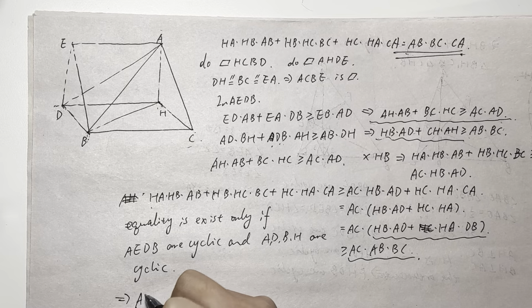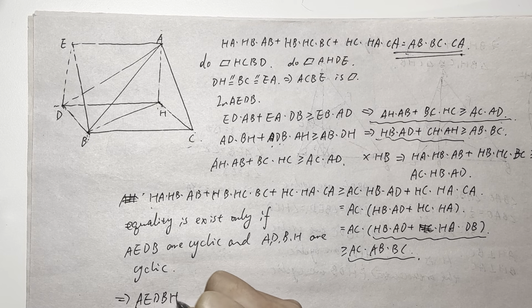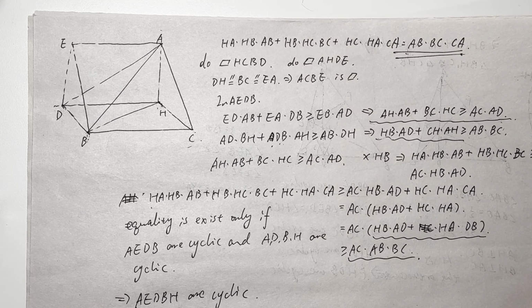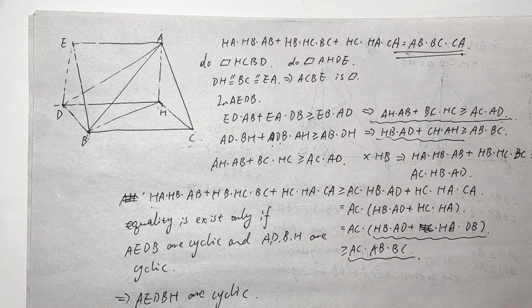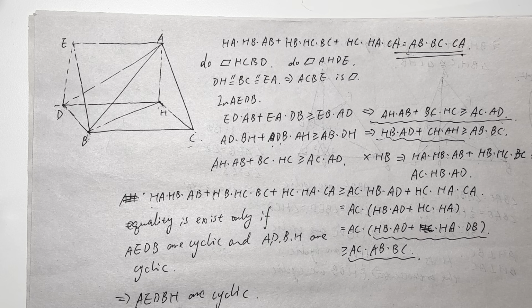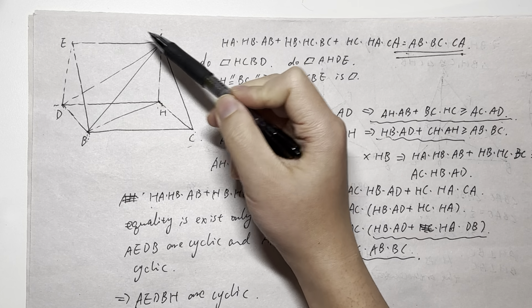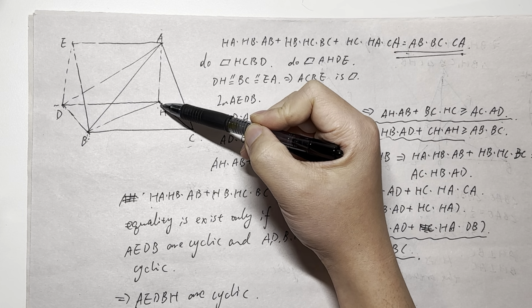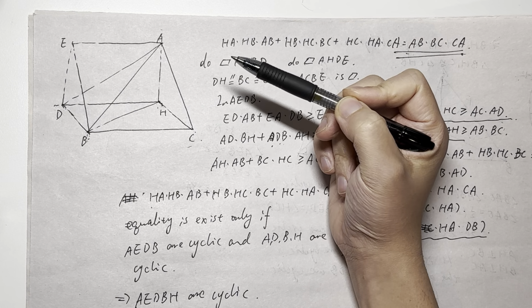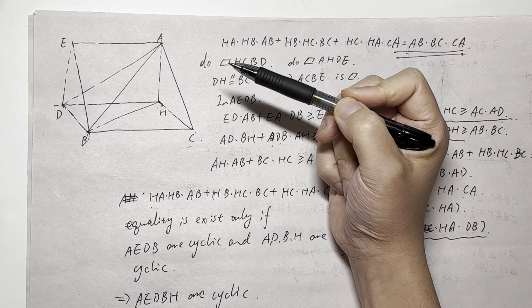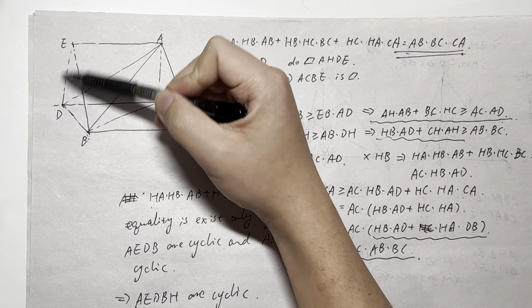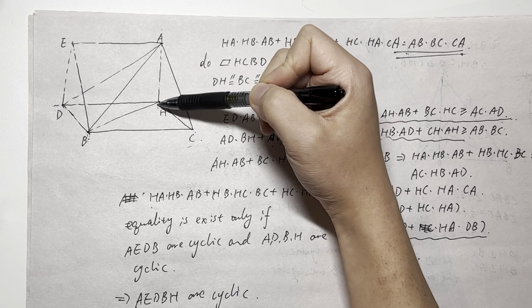So we got AEDBH are cyclic. That is saying we have ED equals AH.